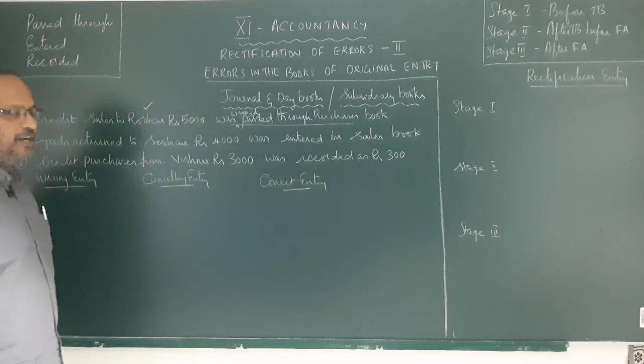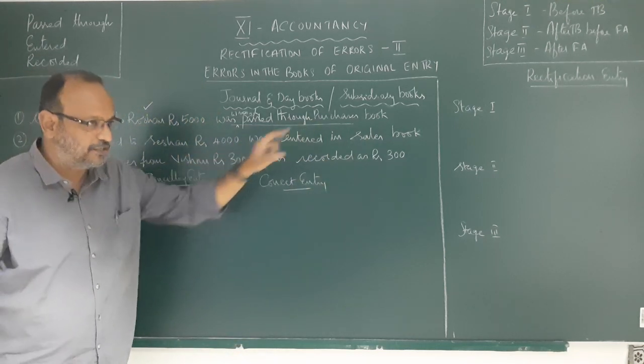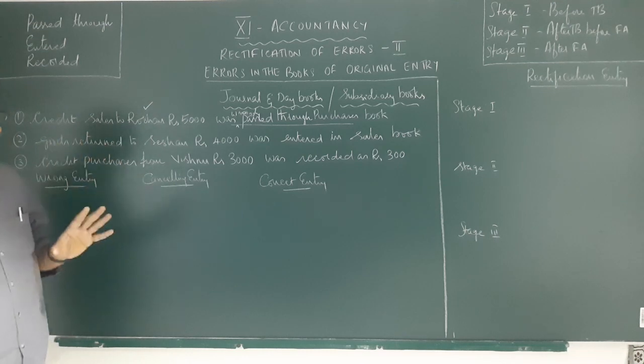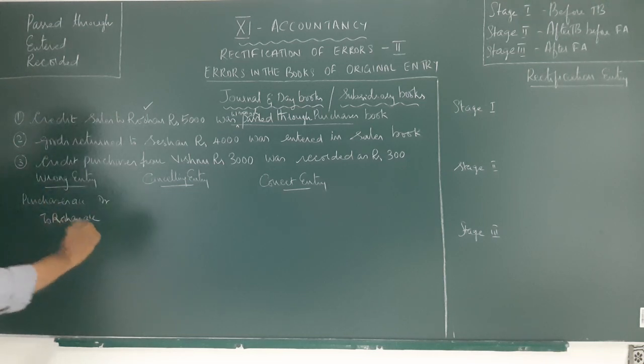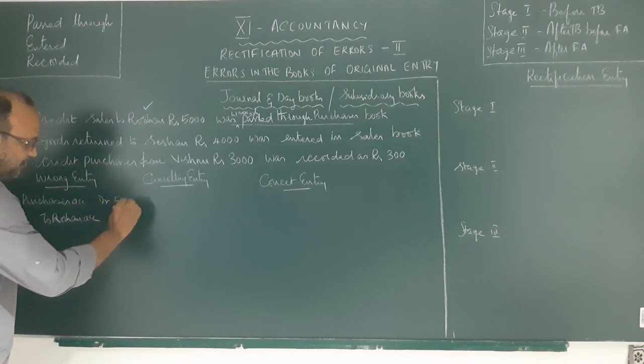What is the error committed? It was passed through purchases book. What is the entry we have passed? It is purchases account debit to Roshan account. This is the wrong entry which we have passed, and the amount being 5,000.